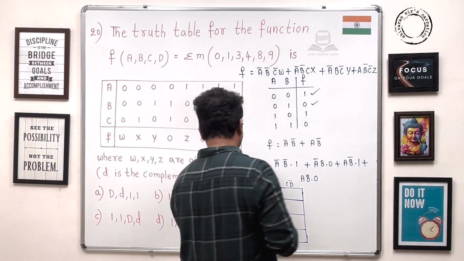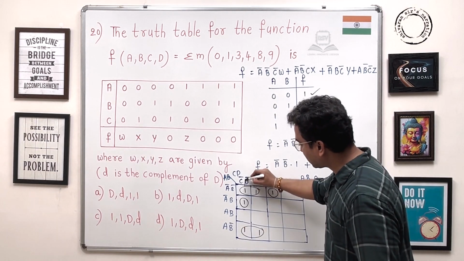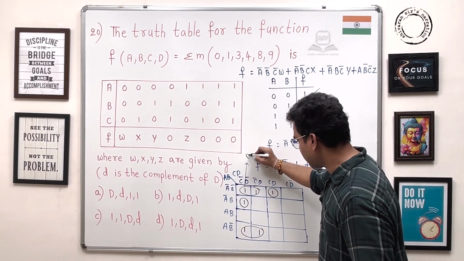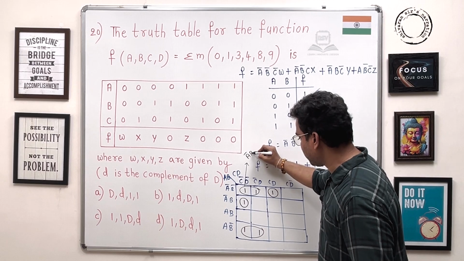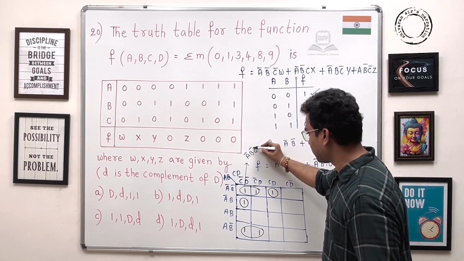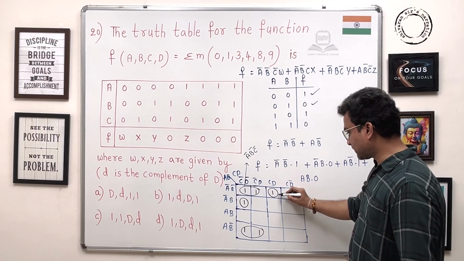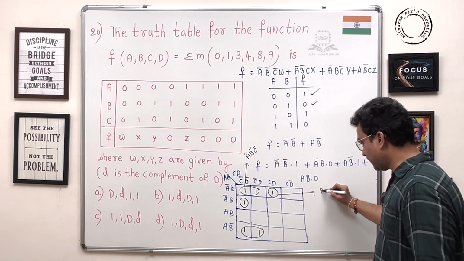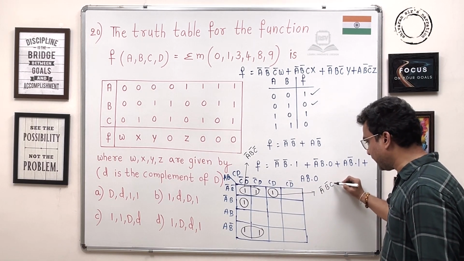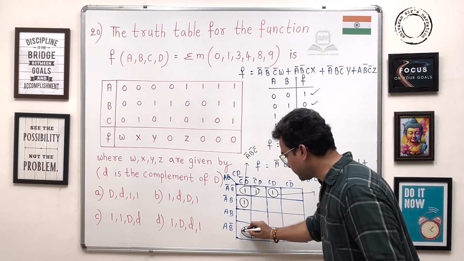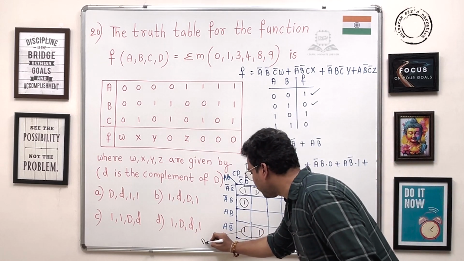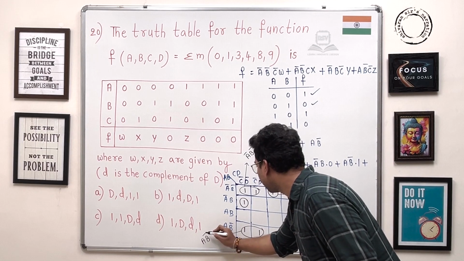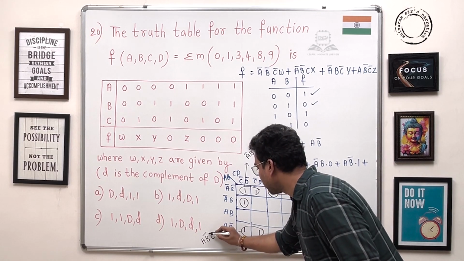Now if I take this, what I'll get? This is A bar B bar C bar. This A bar B bar C D. And this A B bar C bar.